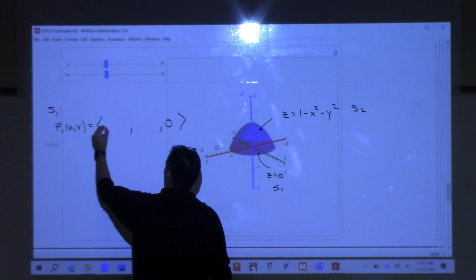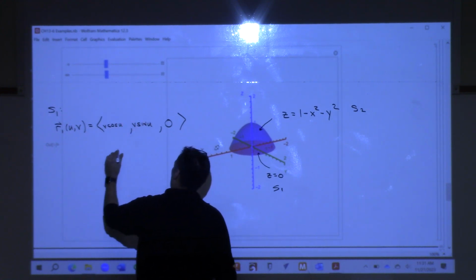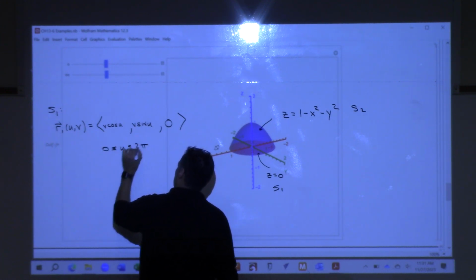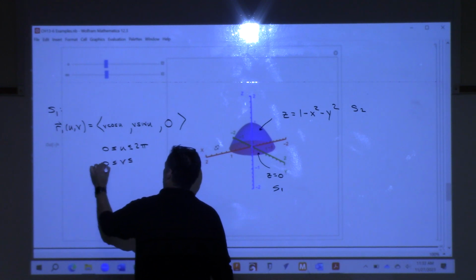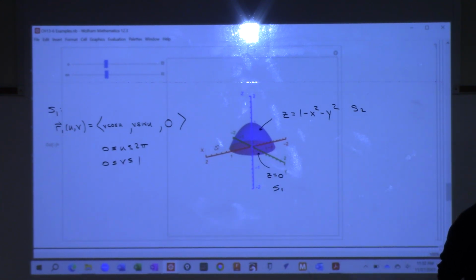I can do disks. V cosine u, v sine u. U's between 0 and 2 pi. V's between 0 and 1. There we go. That's my disk on the ground. Questions?